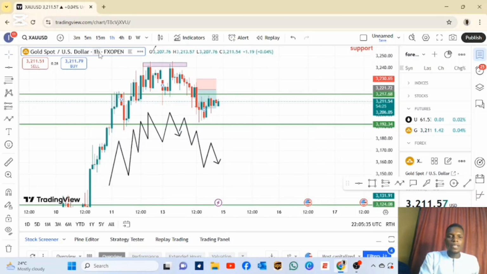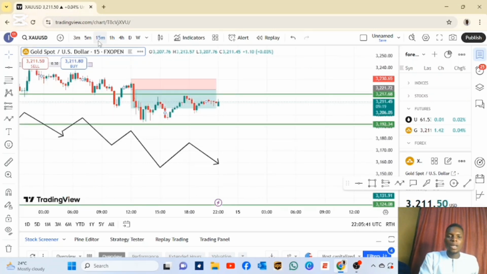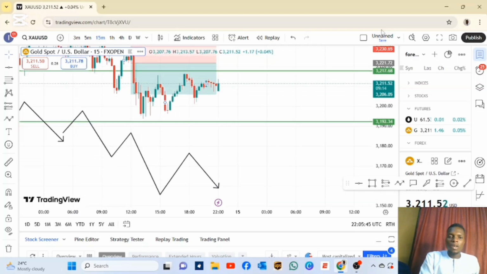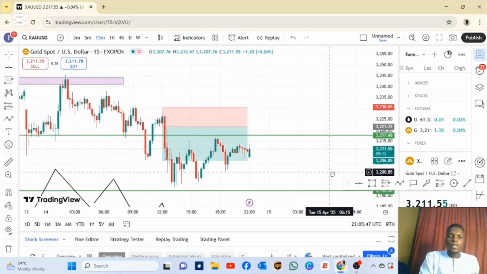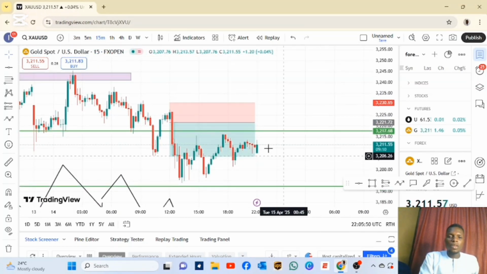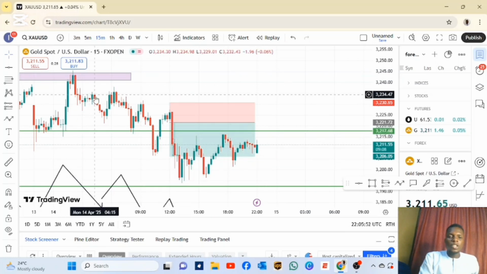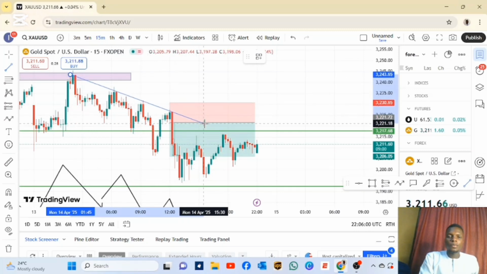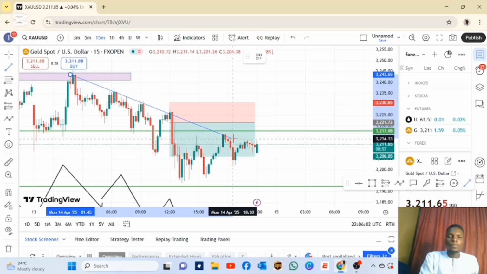So I scaled down to 15 minutes to see what was happening on that lower time frame. So looking at this, I saw this area, right? I tried to draw my trend line. My trend line was giving me this area right here, right?